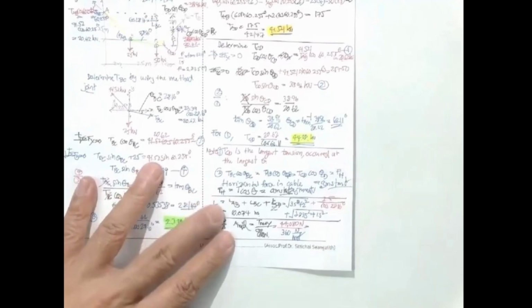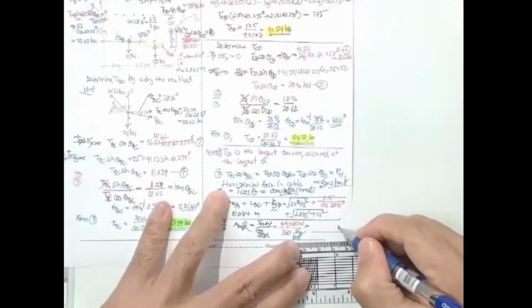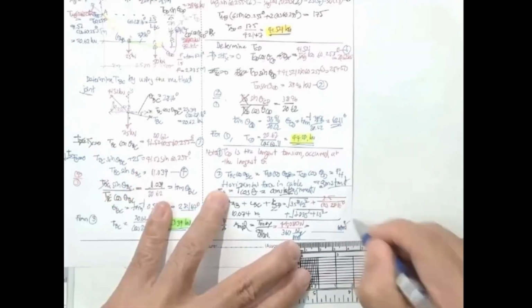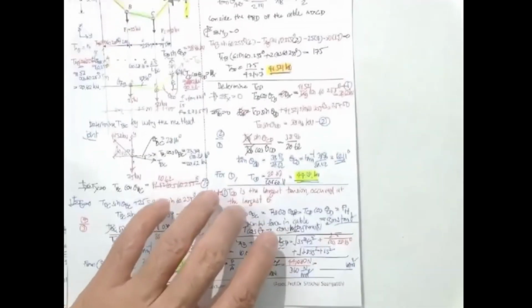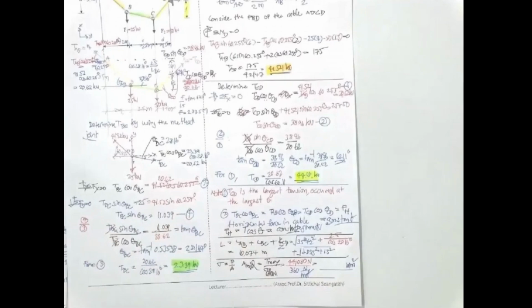Put it into your calculator. That is going to be square millimeter, right? What did you get? No, not 0.1. It's going to be larger than that. 44080 divided by 360, 122.44.